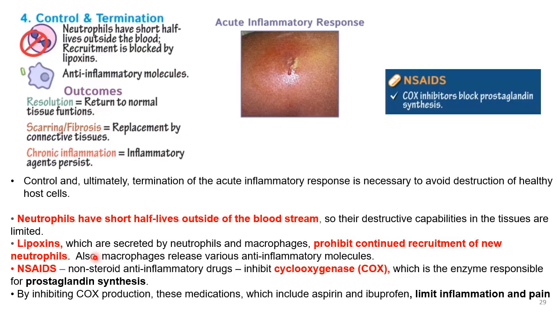Before they die, they start producing anti-inflammatory molecules, and together with other white blood cells, like some macrophages, you're going to produce these anti-inflammatory molecules. Here you have examples of lipoxins, okay? And you are going to have death of the neutrophil, and macrophages that are going to go there and start to clean up and induce healing, okay?